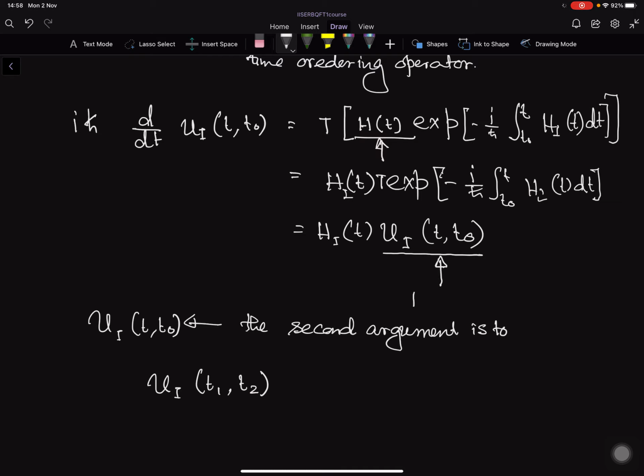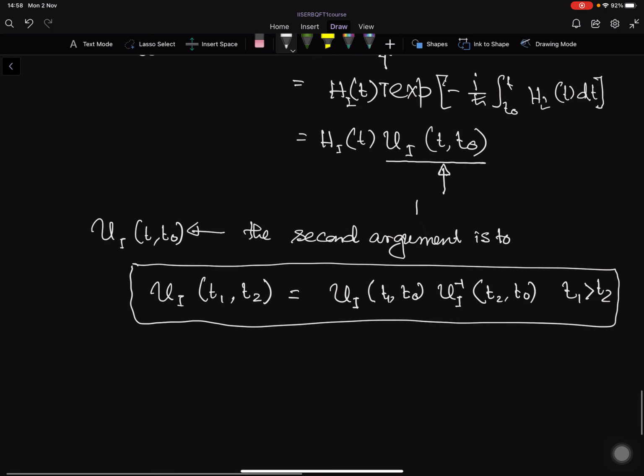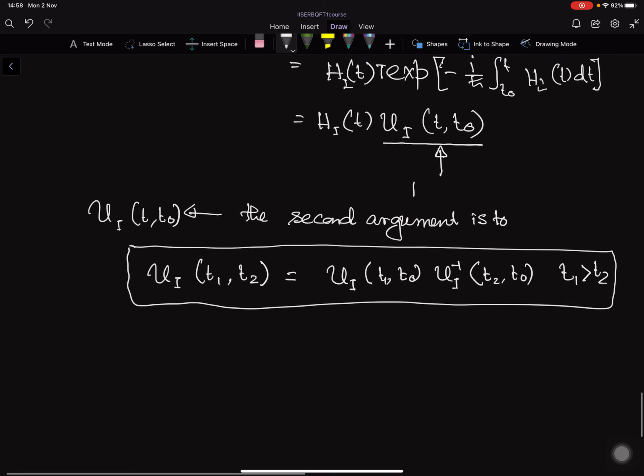The way we do it is the following: this is equal to ui(t1, t0) ui inverse(t2, t0), provided t1 is greater than t2. And analogously there are also subtleties when one of t1, t2 is less than t0, or both of them are less than t0. I discuss all the cases in the notes, so please go through that.